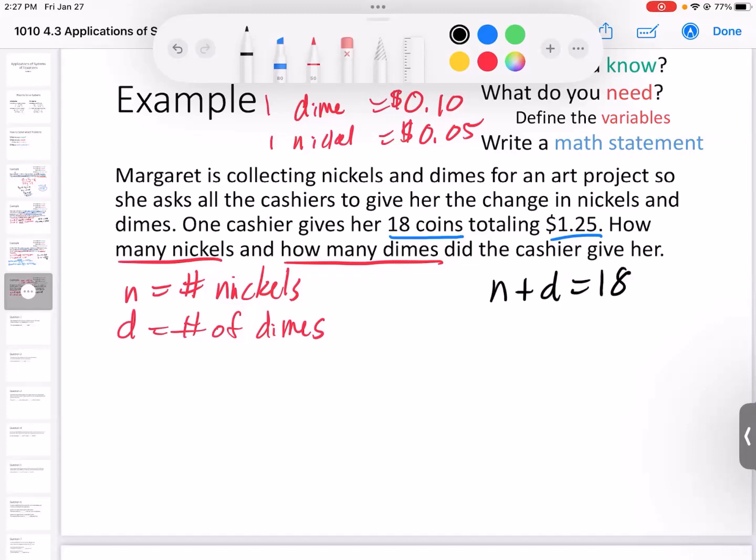Okay, now the next one. That uses this piece of information, and then this part goes to what you were saying. How would we use this fact that the money amount adds up to 125? 0.05 N actually, but yep.